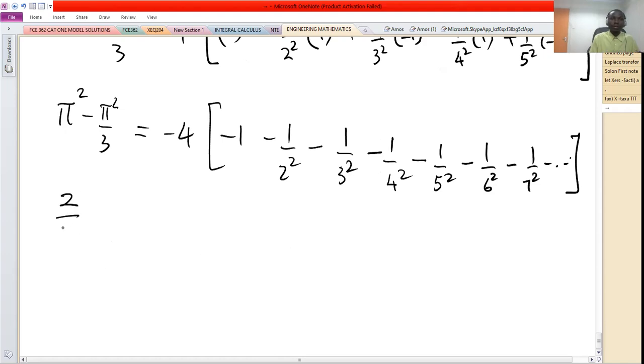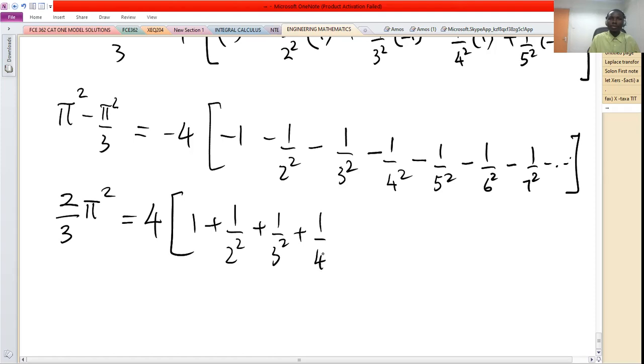So 2 over 3 pi squared equals, I can multiply everything by negative, so I have 4 into 1 plus 1 over 2 squared plus 1 over 3 squared plus 1 over 4 squared plus 1 over 5 squared plus 1 over 6 squared plus 1 over 7 squared plus etc. This negative is what I'm making positive.